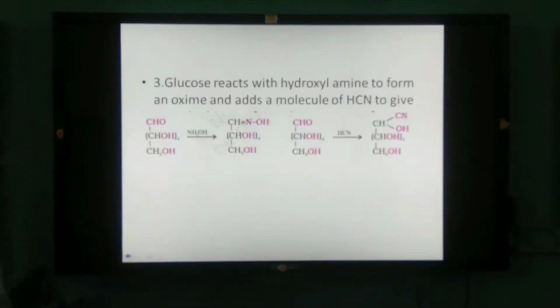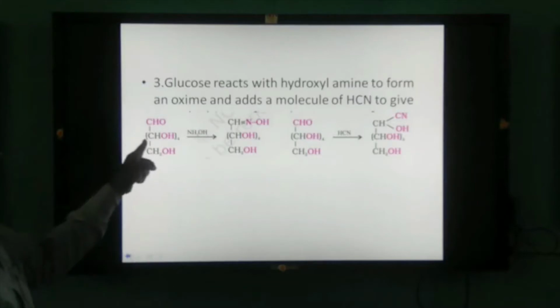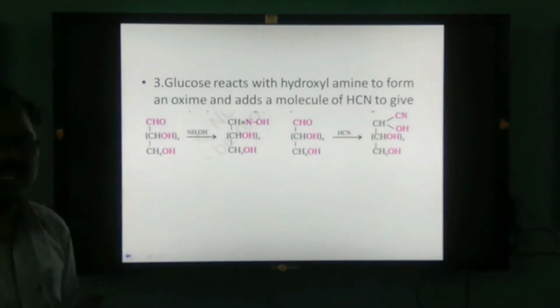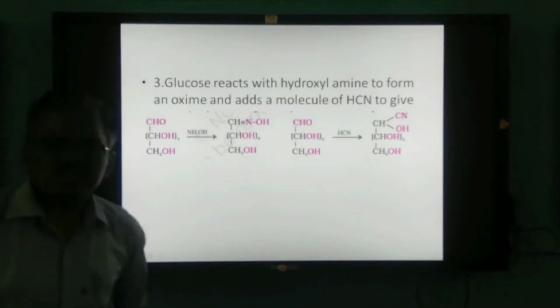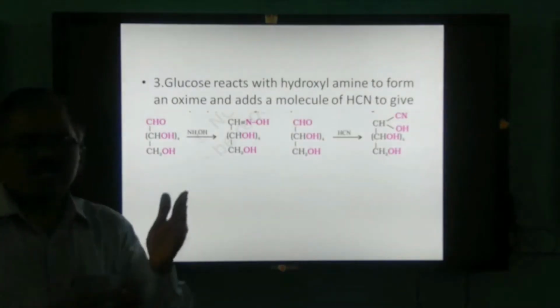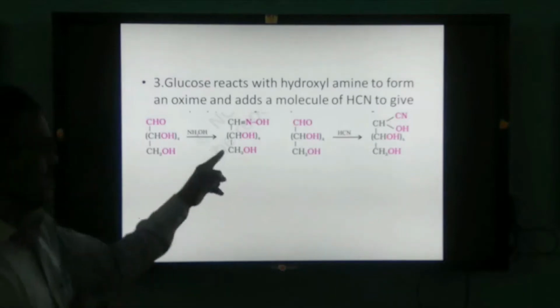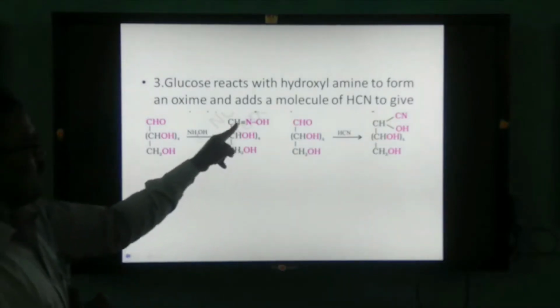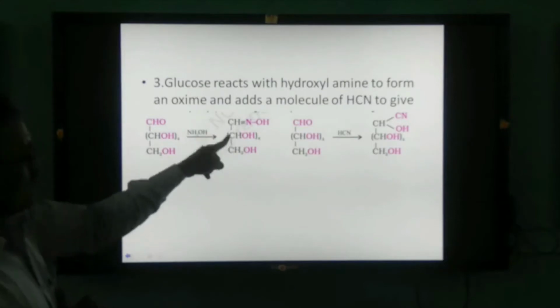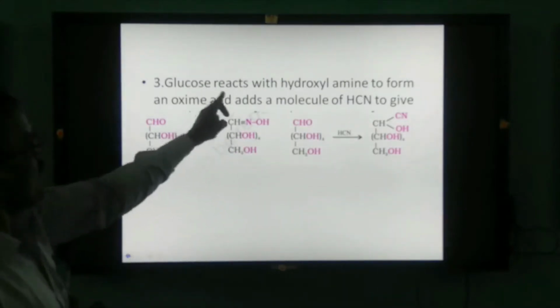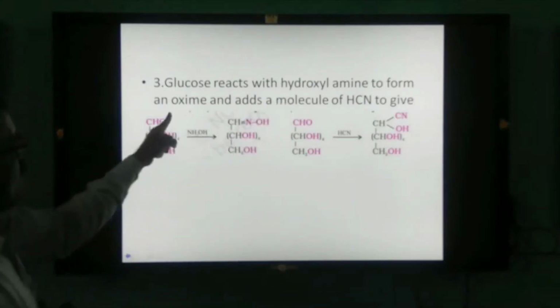All these structures you have studied under the organic chapter, that is properties of aldehydes. With hydroxylamine, you will get this CH=NOH. Formation of this compound indicates that there is an aldehyde group. So glucose reacts with hydroxylamine to form an oxime.